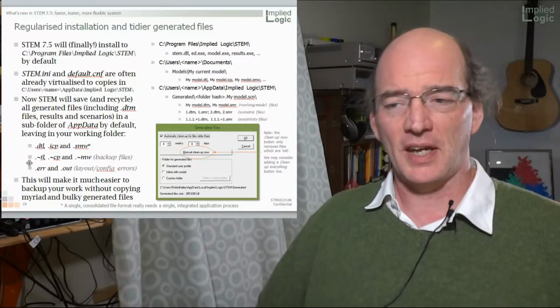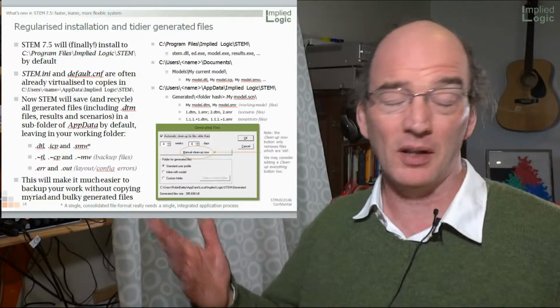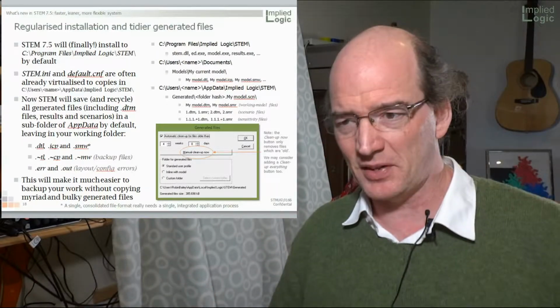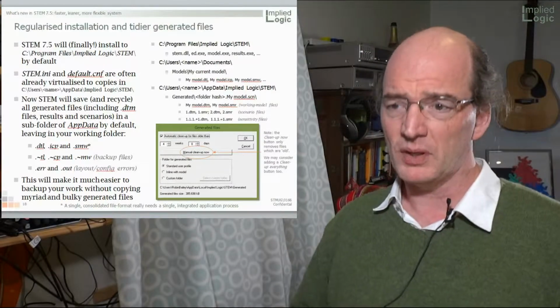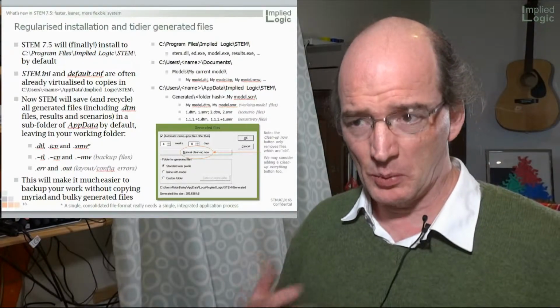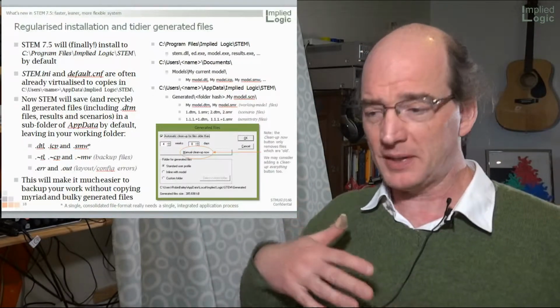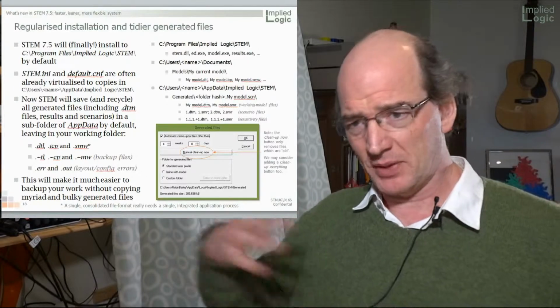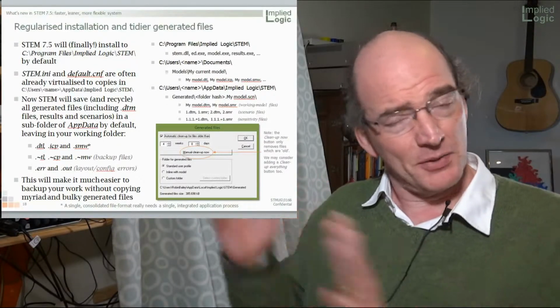It's also the case that the error file and the file that gets generated when you compile a model are there for your benefit, and even though it's unlikely you'll ever look at them, they need to be somewhere where you can find them easily. But there will no longer be all the other stuff, so the DTM file, the scenario folder with all of the per-scenario DTMs and per-scenario results, and even the working model results will all be out of the way.